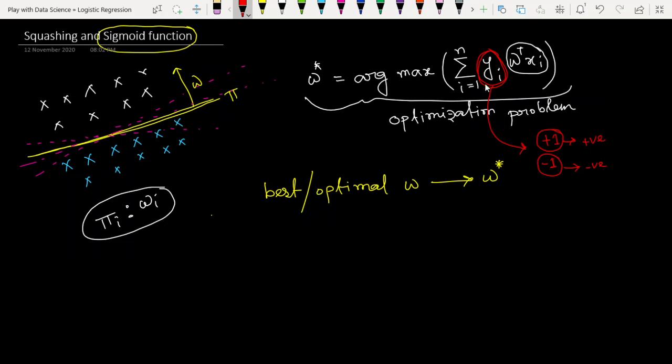And this total distance, we call it the signed distance.